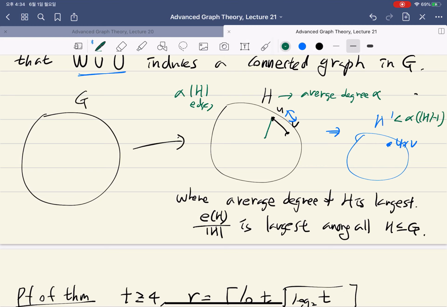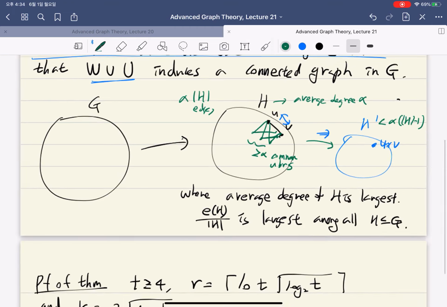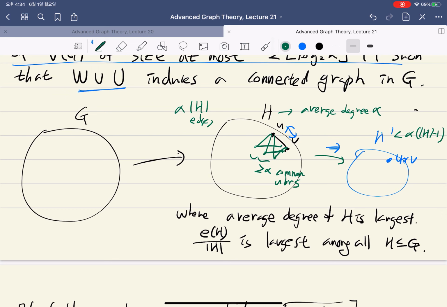Meaning that u and v have at least alpha common neighbors. Because when you contract, the number of edges that you lose is this: two edges become one edge, and on top of this, one more edge. So we can show that they have many common neighbors.